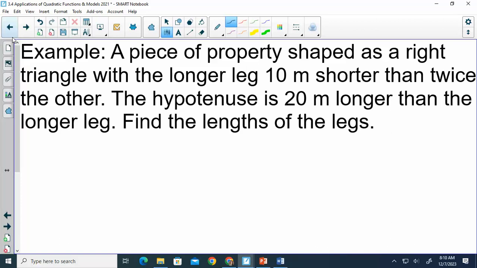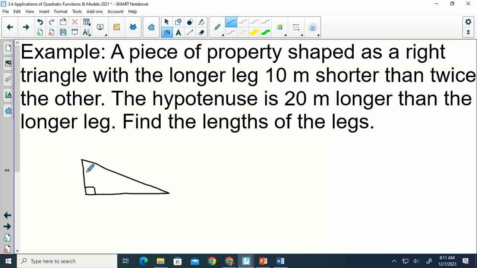A piece of property shaped as a right triangle. So what should I probably do? Make a right triangle. With the longer leg 10 meters shorter than twice the other.